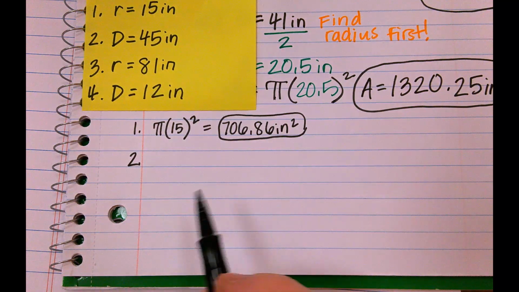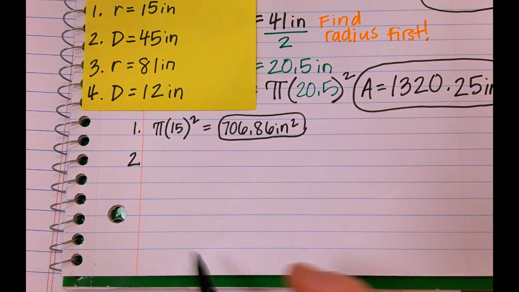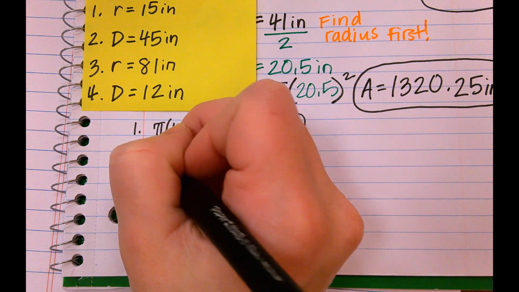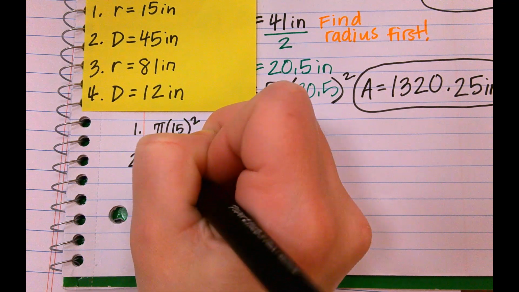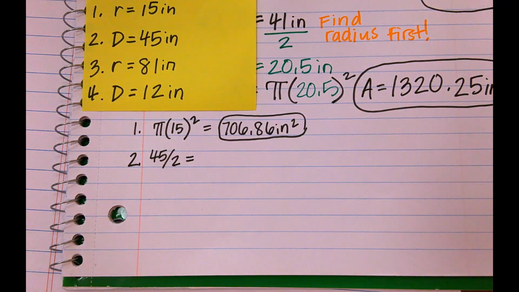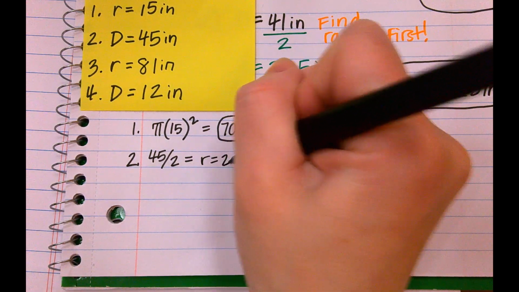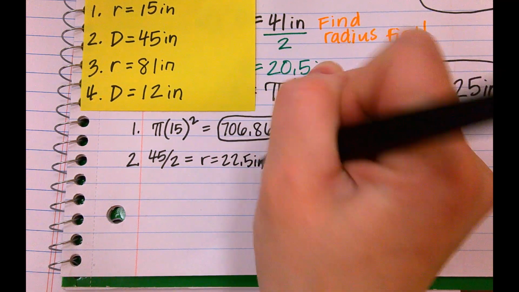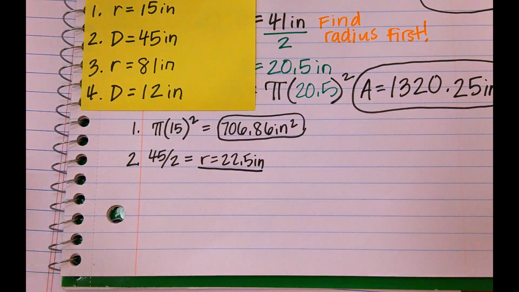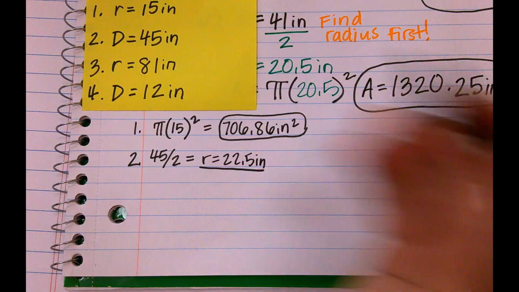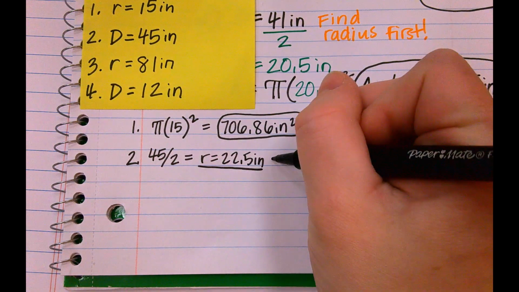Now, number 2. This time I did not give you radius. I gave you diameter of 45. What do we need to do first? Divide by 2. Yes. So 45 divided by 2 is 22.5 inches. So that means our radius is 22.5 inches. And then you take pi times 22.5 squared. Now we can use my radius in the area formula.